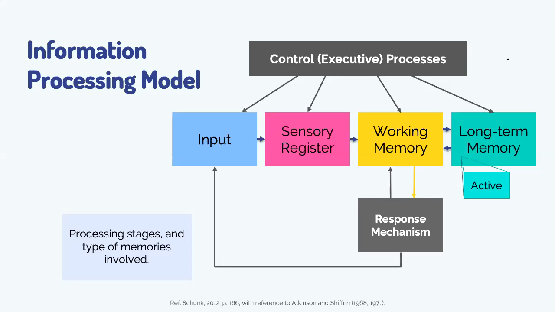Any information that has been apprehended and understood by the learners will be stored in the long term. So these are the processes of the information processing model, presented and adapted from Shang, one of the textbooks.